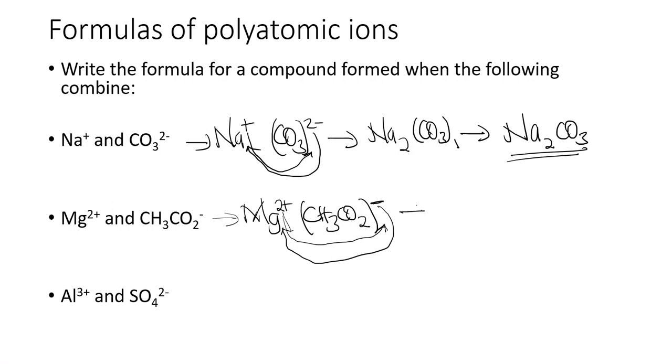So in the end, I'll have magnesium 1, we don't need to put 1, and then parentheses CH3CO2, but now with 2.